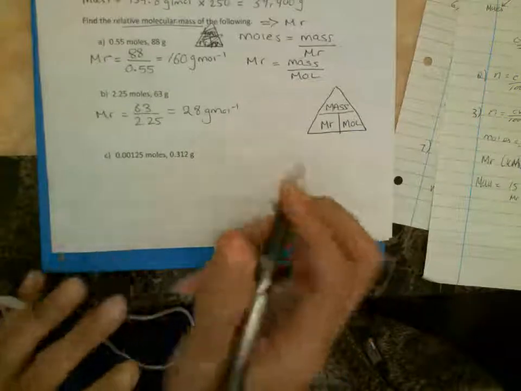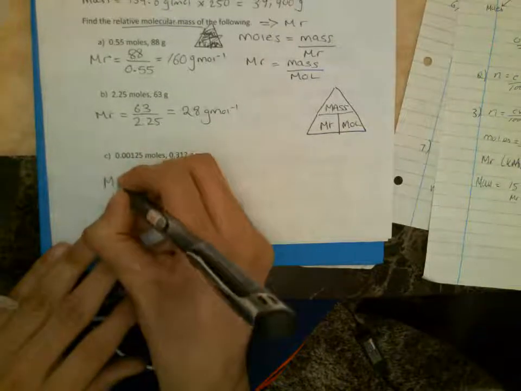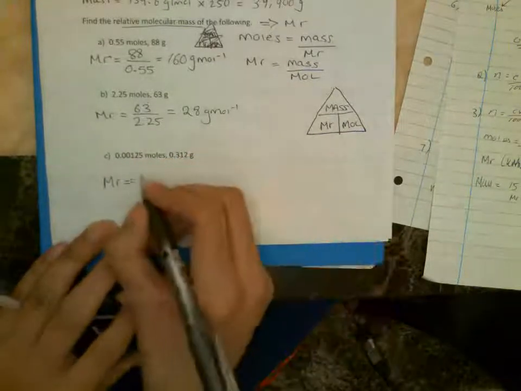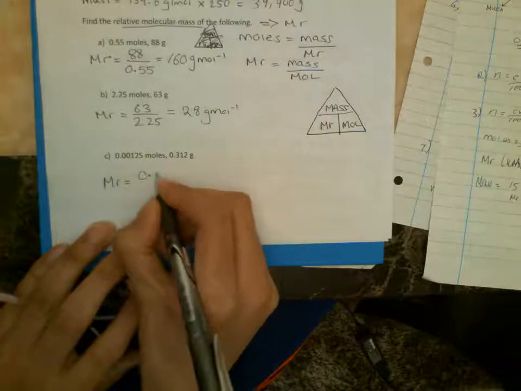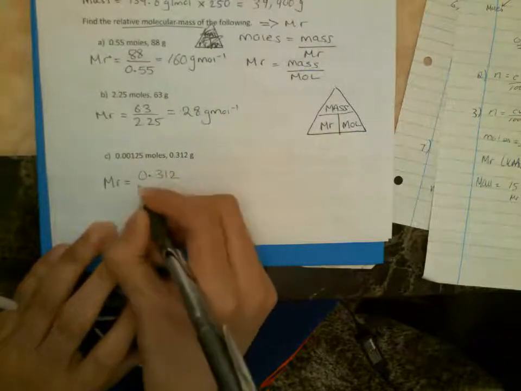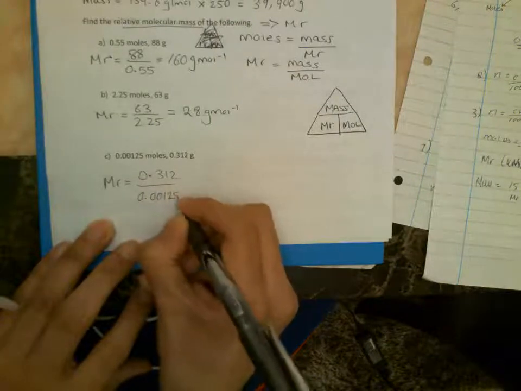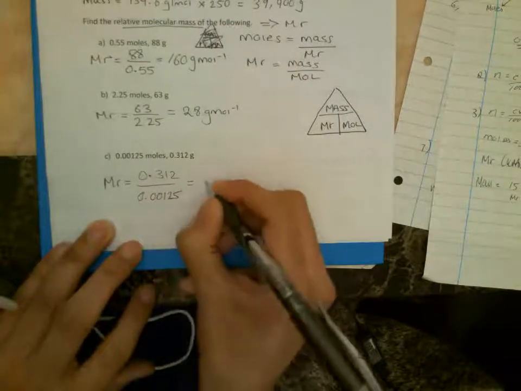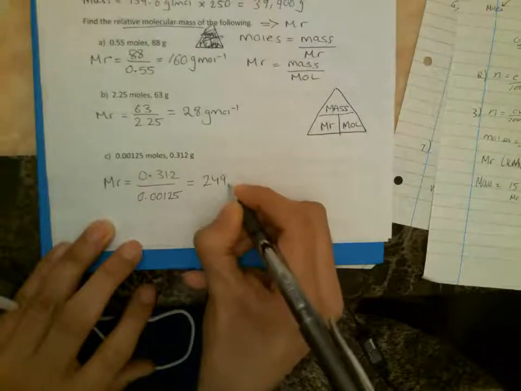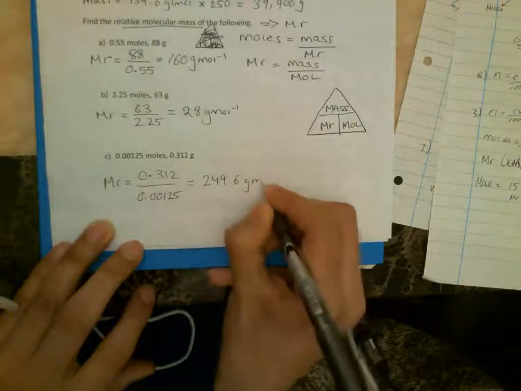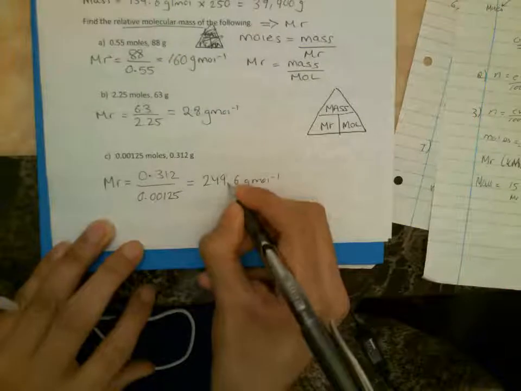Again we would do the same thing here. So we would do 0.312 divided by 0.00125, and that will give us 249.6 grams per mole.